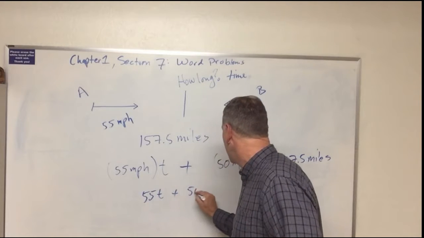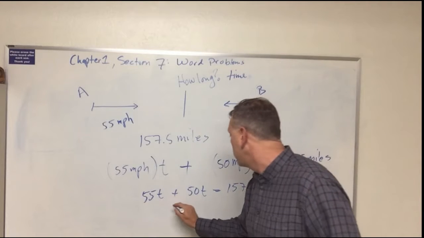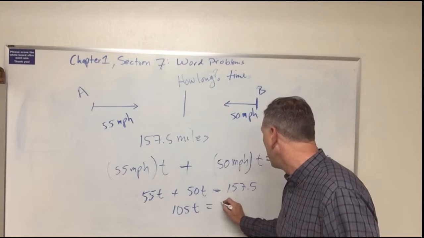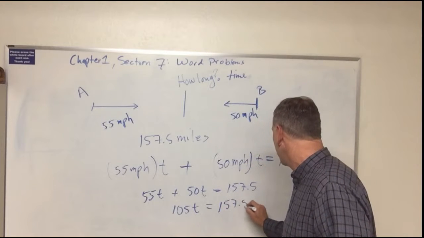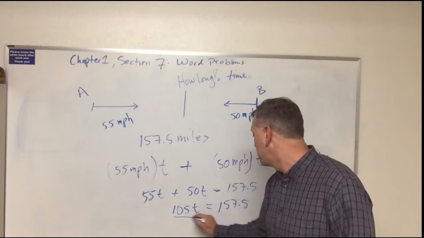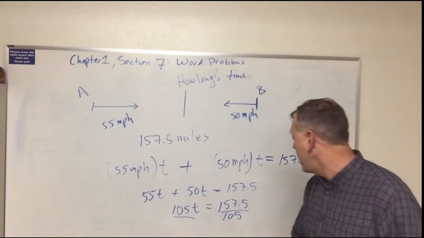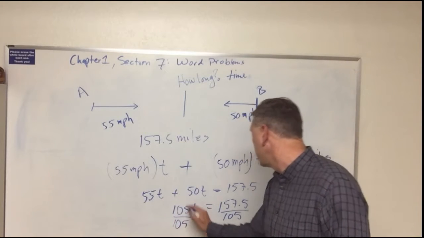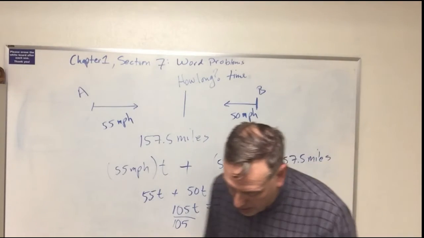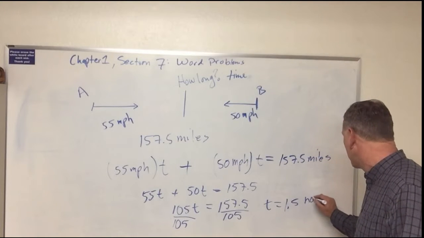So now solving this, we have 55t plus 50t is 157.5. So that's 105t equals 157.5. Now we're going to divide both sides by 105, and that works out to time equal to about an hour and a half, so 1.5 hours.